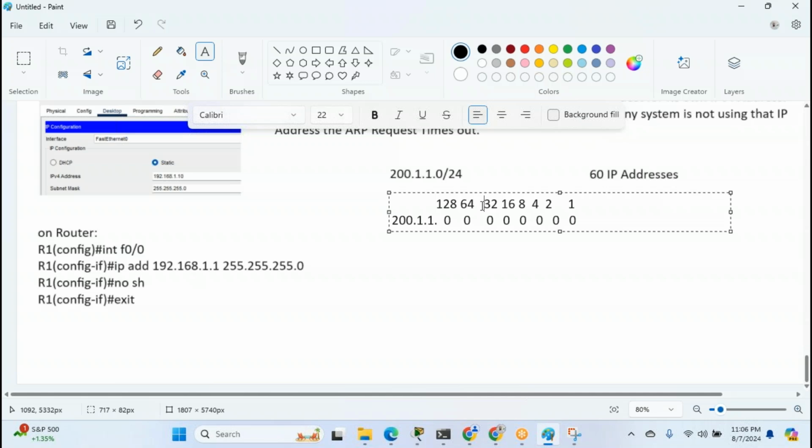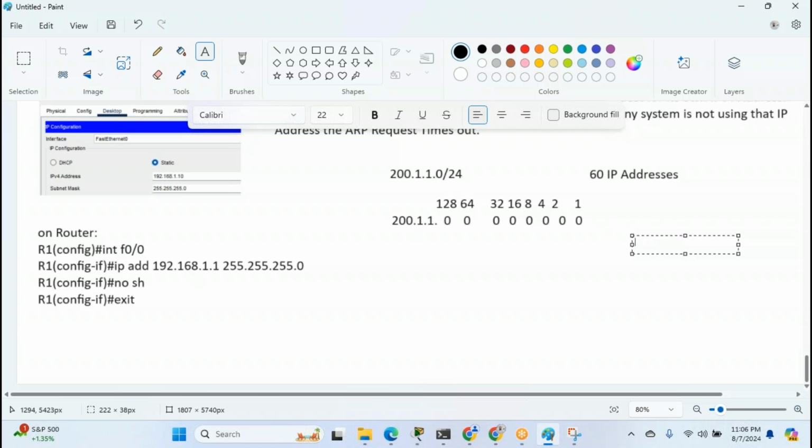We separate these two bits, and they will be added to the network portion, and we will have 6 bits left for the host portion. Now we have to calculate the number of subnets. The formula is 2 raised to the power of the number of subnet bits.